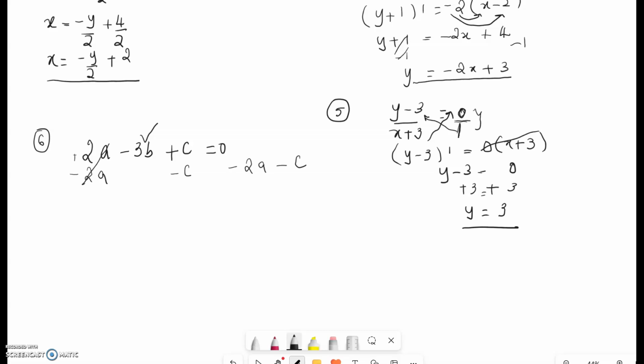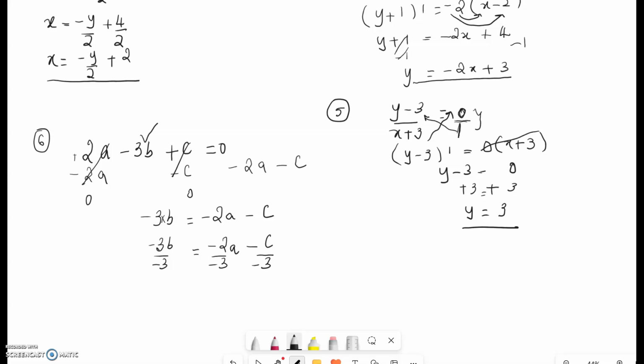So plus 2a minus 2a is 0, plus c minus c is 0. I have negative 3b is equal to negative 2a minus c. Now remember, I'm trying to solve for b. So negative 3 is multiplied to b, so I'm going to divide both sides by negative 3. So negative 2a over negative 3, minus c over negative 3.